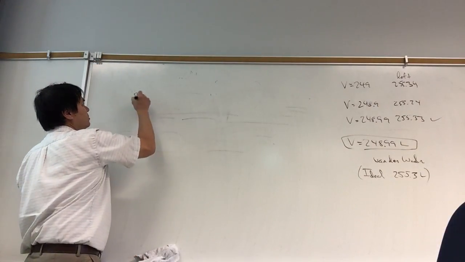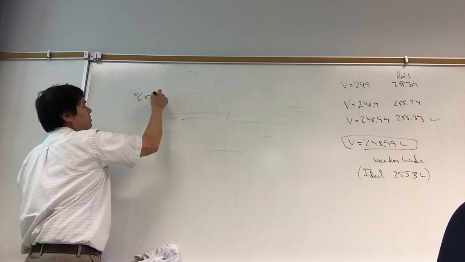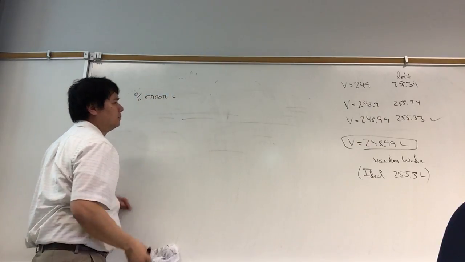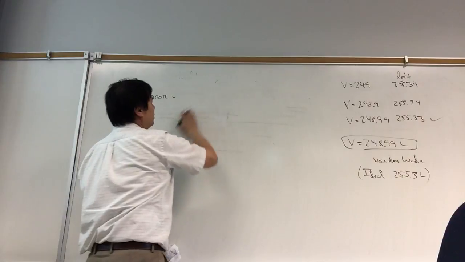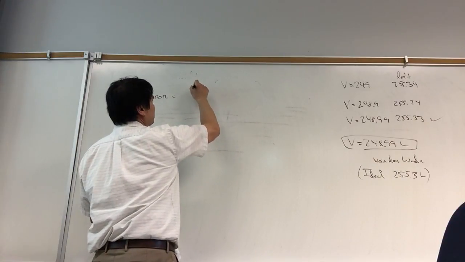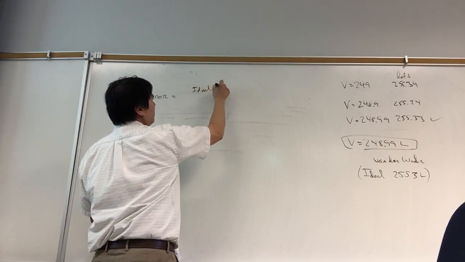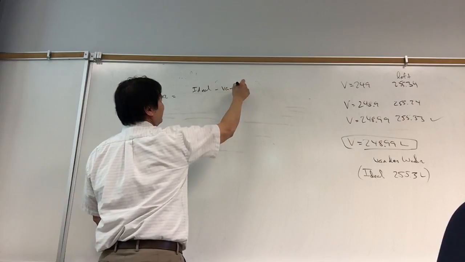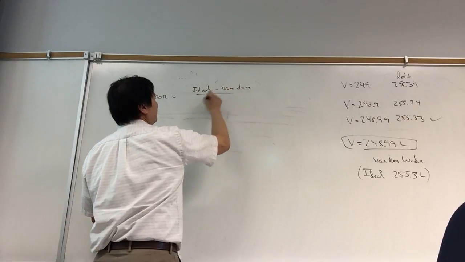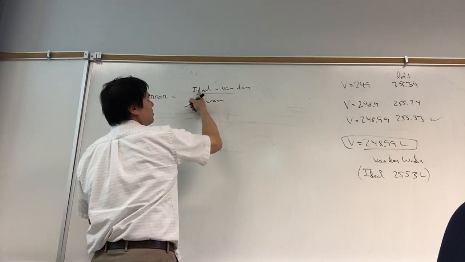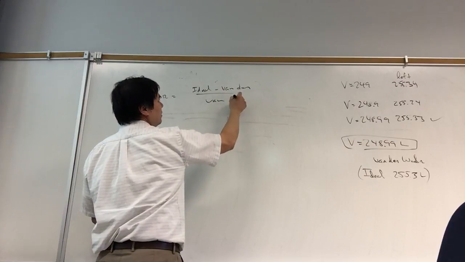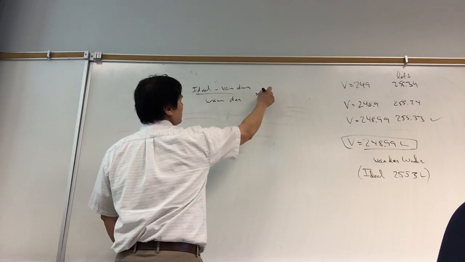And so let's calculate the percent error, assuming that the van der Waals is correct. And it should be much more accurate. And the percent error, we'll just do the ideal minus the van der Waals divided by the van der Waals. So this is experimental minus theoretical. We'll take the van der Waals as a theoretical times 100%.